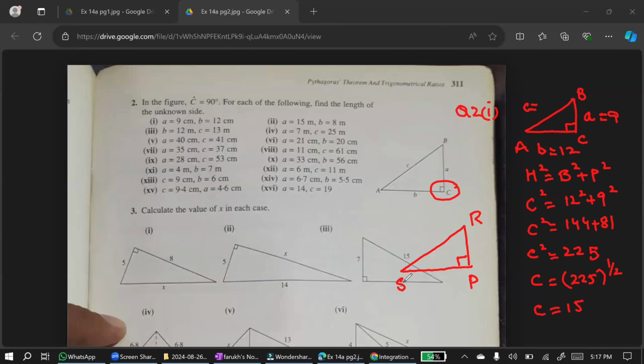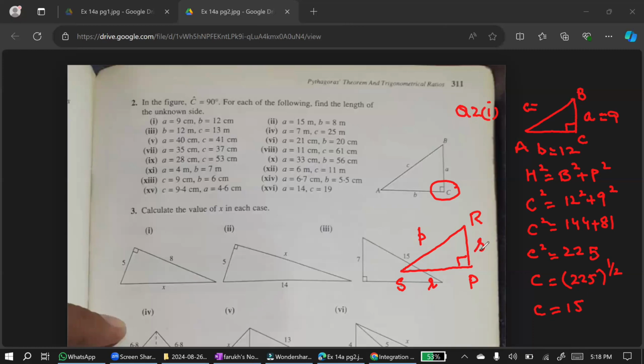Meeram, with which small letter will we denote the side SR? Small p. Very good. With which letter will we denote the side SP? Small r. Very good. And what about PR? Small s.